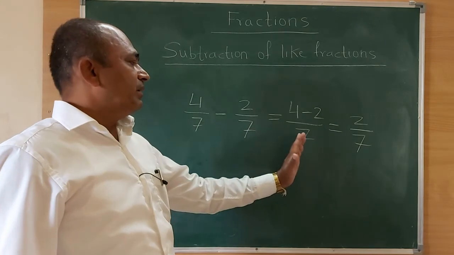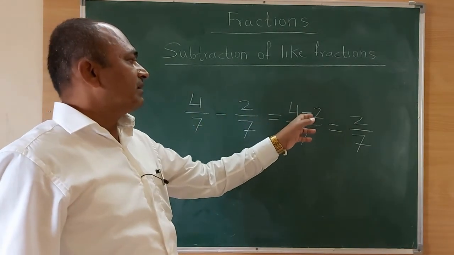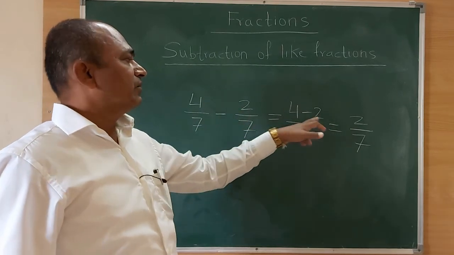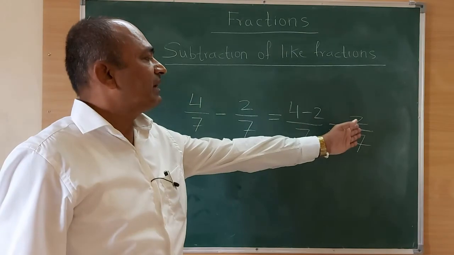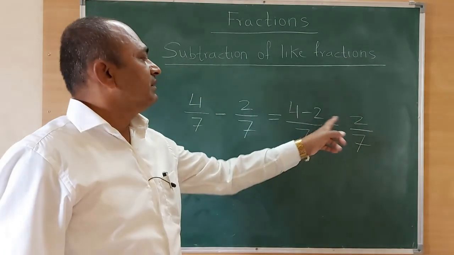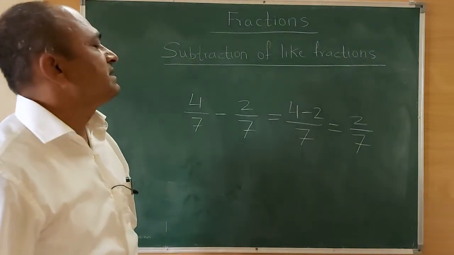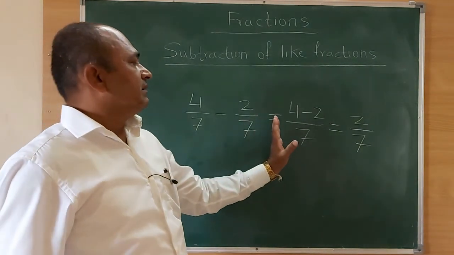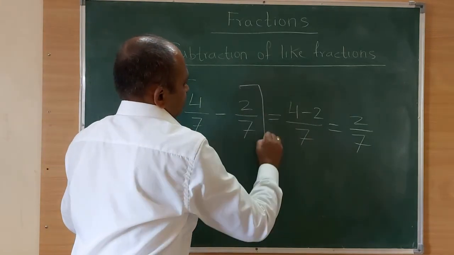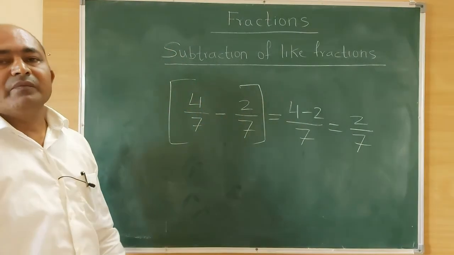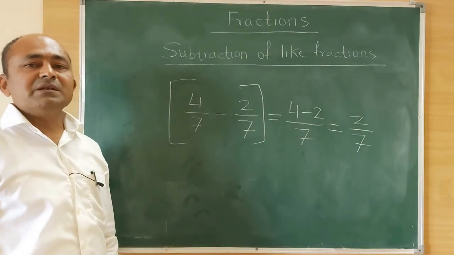We keep the denominator as it is, and only subtract one numerator from the other and write the difference here. 4 minus 2 is 2, so 2 upon 7 is the answer of this subtraction. So subtraction of fractions, I hope it is clear.